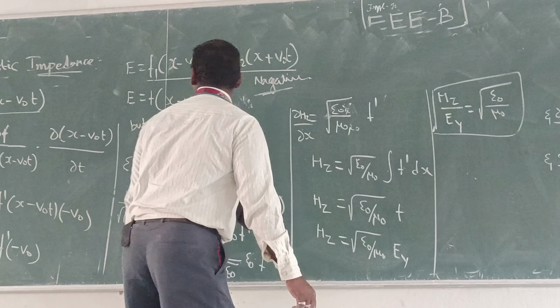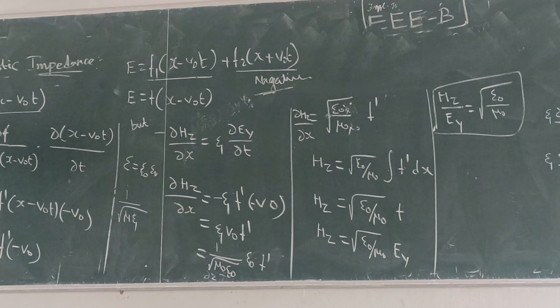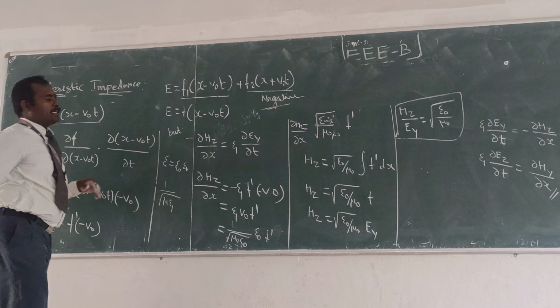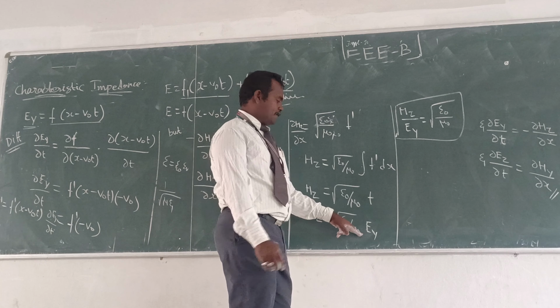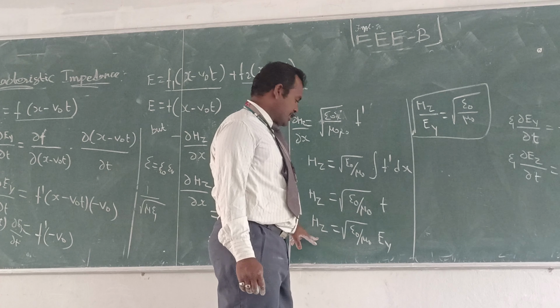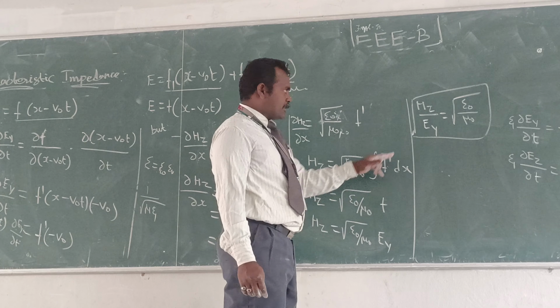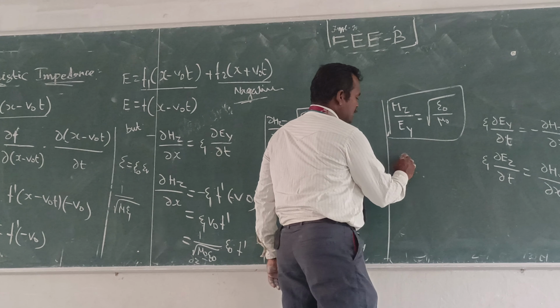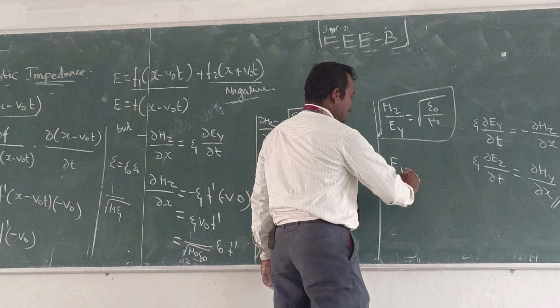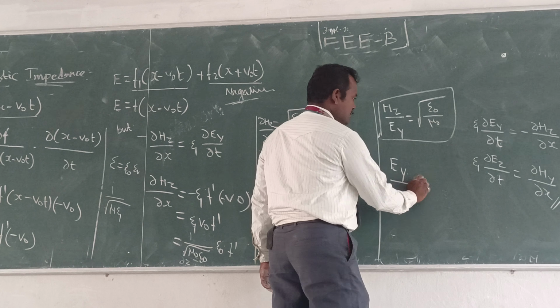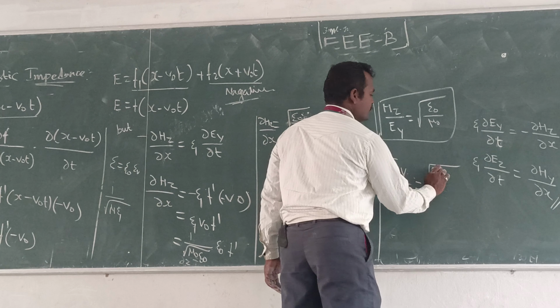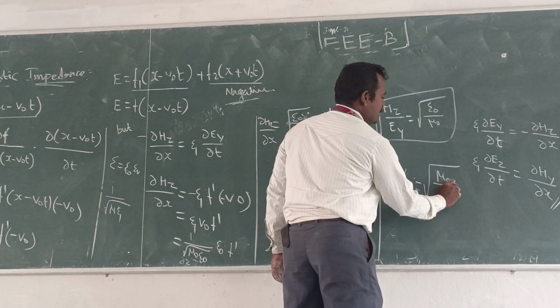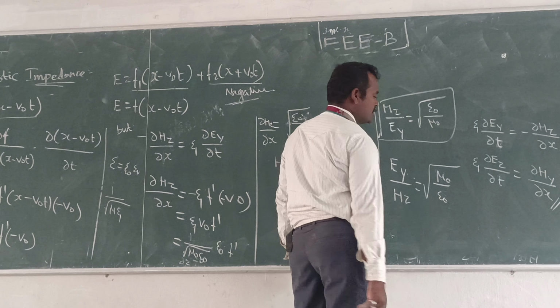But here, f is considered a function of Ey, so we can replace f in terms of Ey. So Hz by Ey is equal to the square root of epsilon naught by mu naught. Similarly, if you obtain Ey by Hz, it will be the square root of mu naught by epsilon naught.